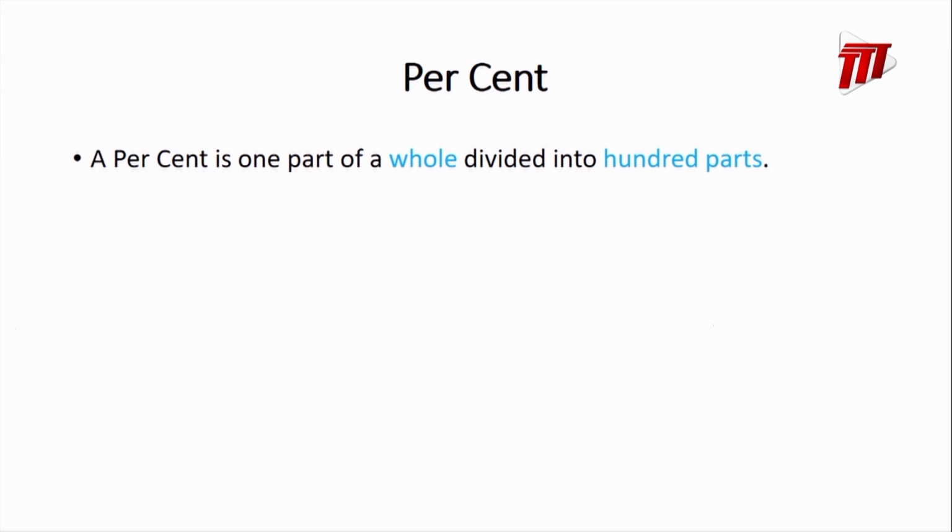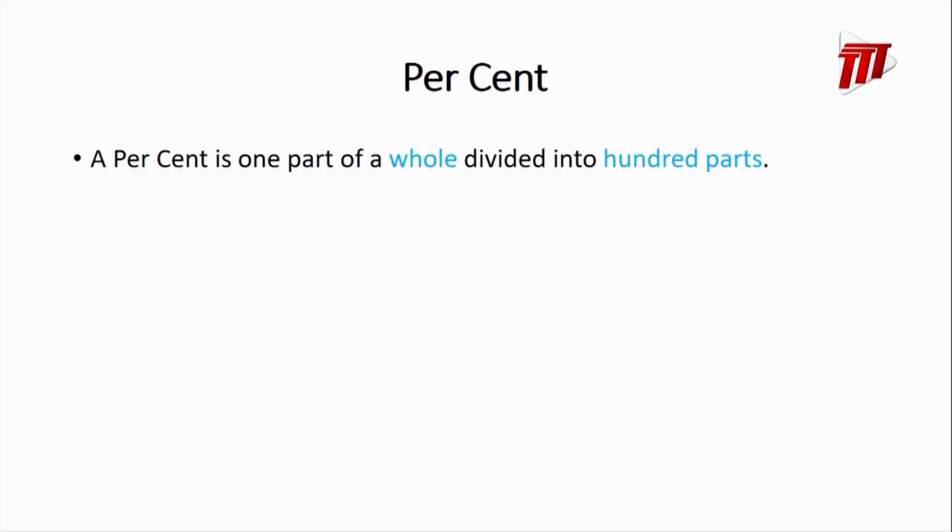So we're going to talk a little bit about percent. What is a percent? A percent is a fraction. It is one part of a whole, but it's a very special whole. This whole is divided into 100 parts, as we would have seen with the base 10 flat, as well as with the representation of the grid on paper.